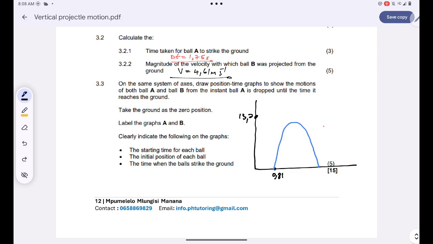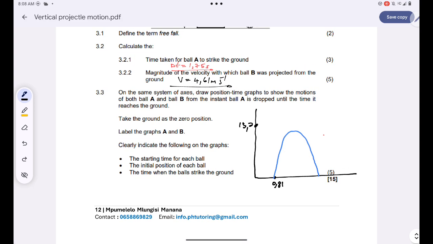The total time was 1.75 seconds, and the other ball moved like this. They reached the ground simultaneously.